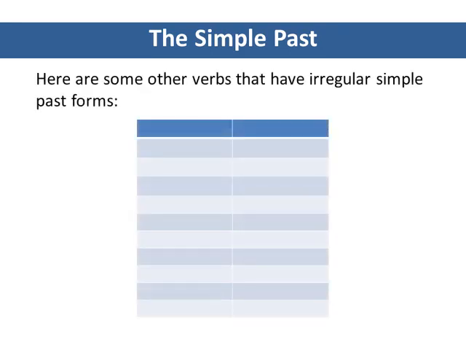Here are some other verbs that have irregular simple past forms. Base form. Simple past. Come, came. Know, knew. Do, did. Make, made.